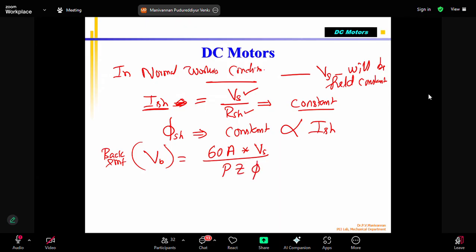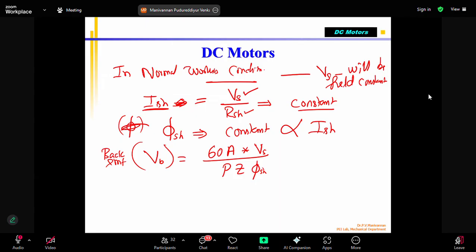Or I can say phi shunt, because we are using phi shunt. In some books, the field flux is represented as just phi instead of phi shunt. In that case, you will see the equation as 60A into Vs divided by PZ into phi, just phi. Since we are using phi shunt for understanding purposes, we will use that itself. This is the back EMF generated in this one.